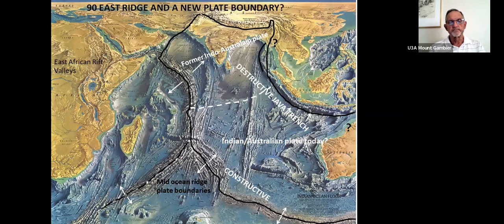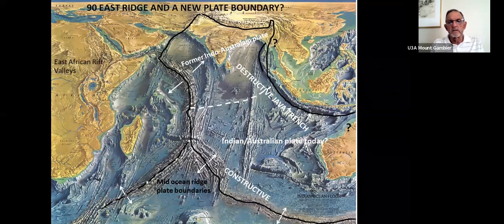Why is it so? I must also add that I've got a white dotted line across the centre of the Indian Ocean, which many regard as the fracture zone between the Indian plate and the Australian plate today. But for this talk, to a certain extent, I'm embracing both within the Indo-Australian plate.